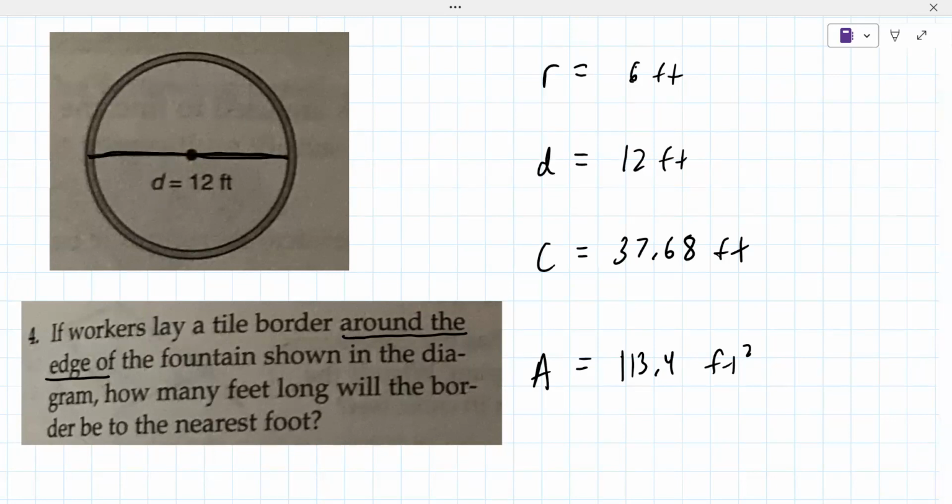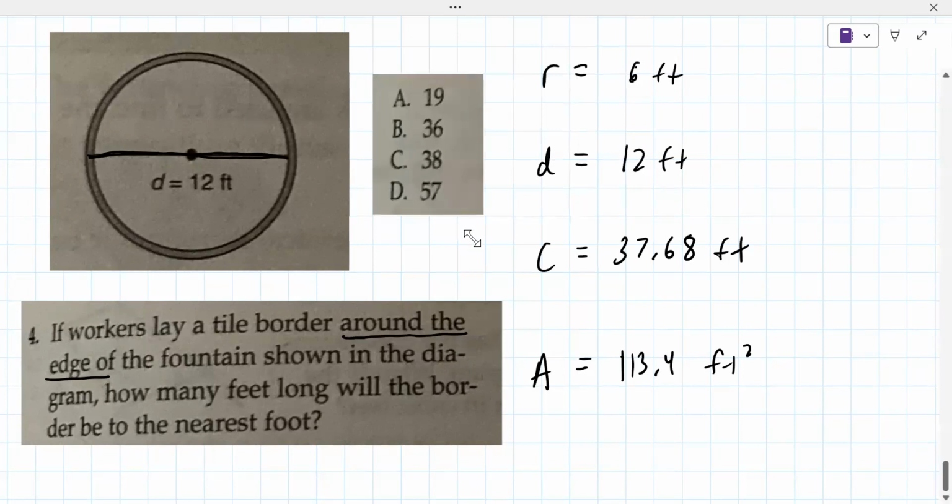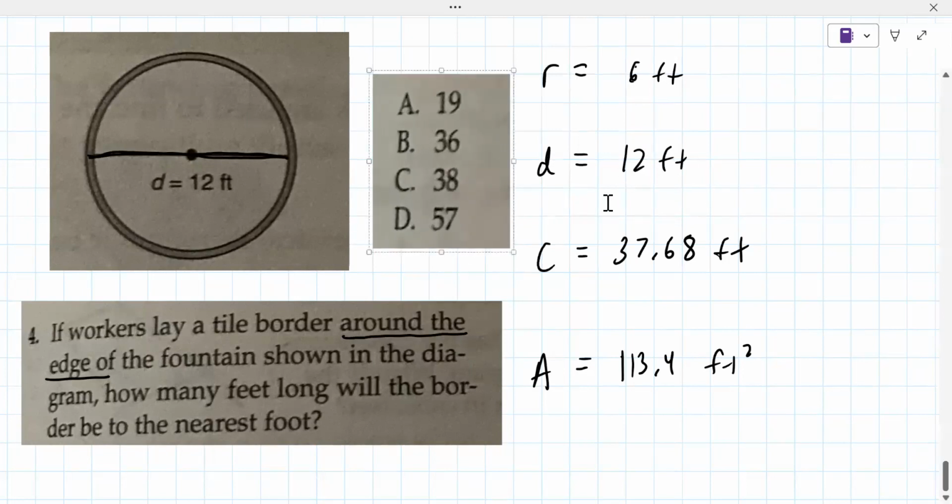Now, what's interesting to me is if you look at the answers, let's snip the answers in. Do any of the things you found line up with the answer? D. Which one?